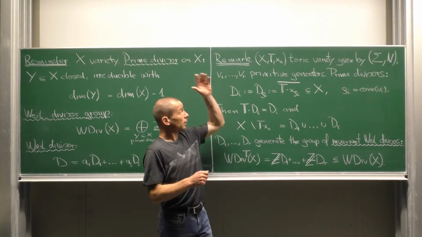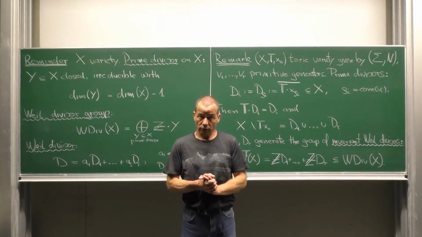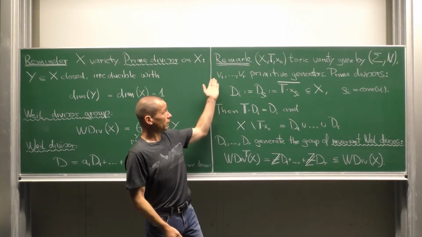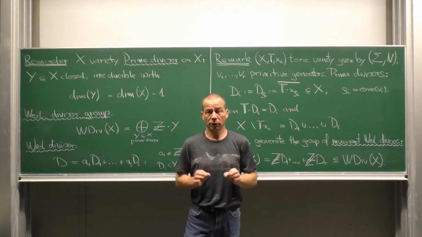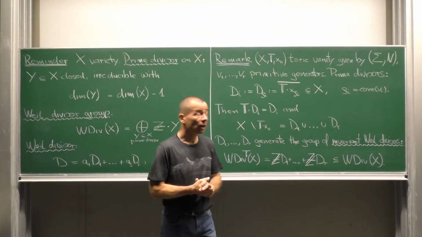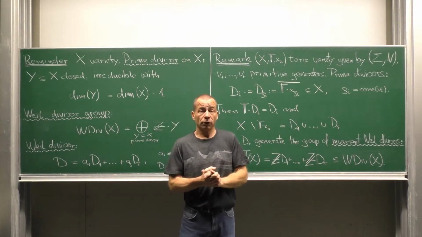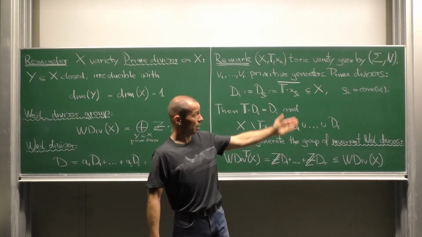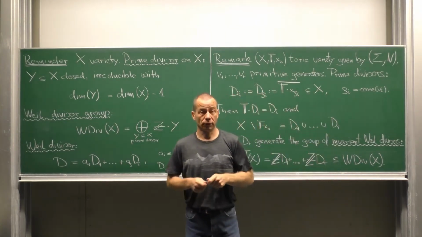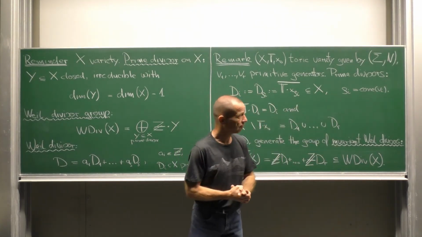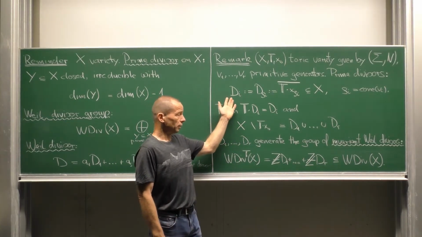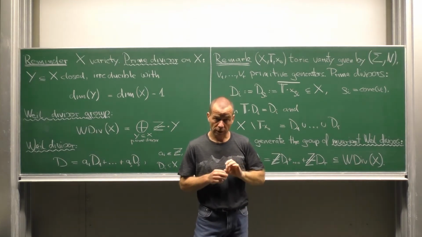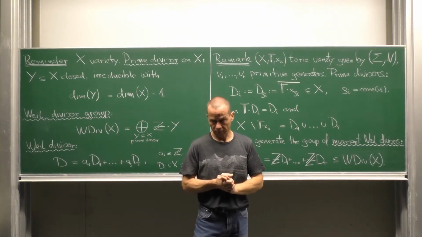Let us look at a toric variety X_Σ, x_0 arising from a lattice fan Σ in N. Consider the primitive generators v_1 up to v_r of Σ. Then each of these primitive generators defines a prime divisor, denoted by ρ_i, the ray generated by v_i, and by D_i, the closure of the torus orbit through the limit point x_ρi.